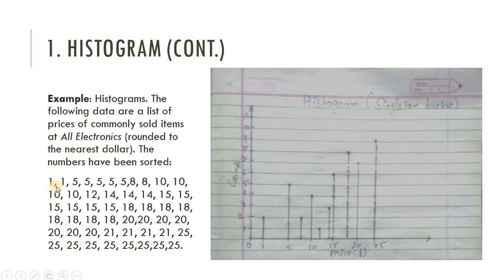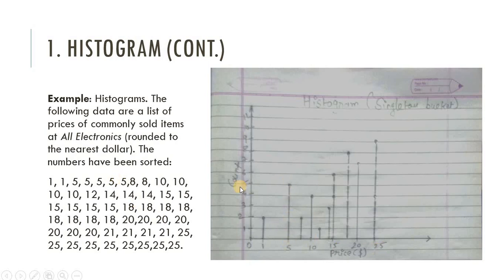Now let's count the first value. Two products have a price of $1, so the price is 1 and the count is 2. Here we can create the first bucket. After that, the price 5 is repeated: there are 5 products whose price is $5, so the count is 5.